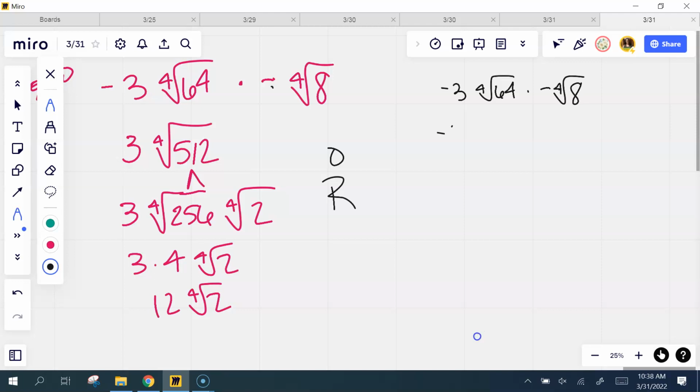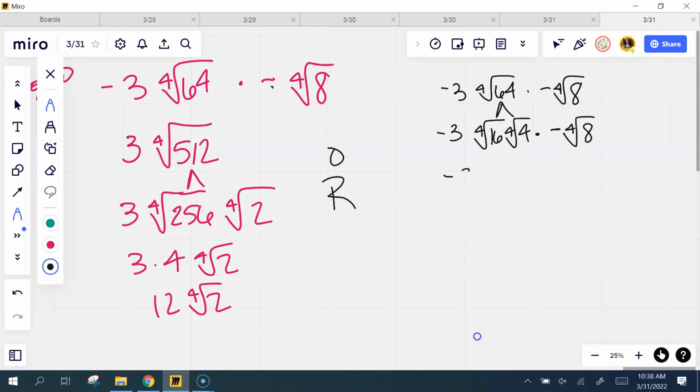Okay, so I've got negative 3. 64, I could do what? 16 and 4? And 8, anything?